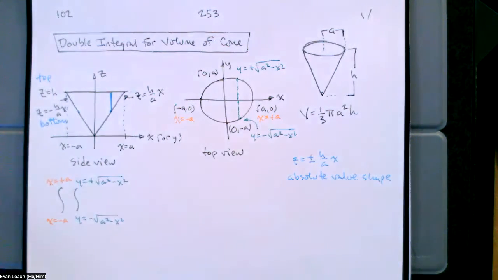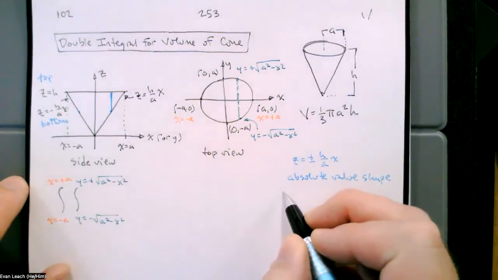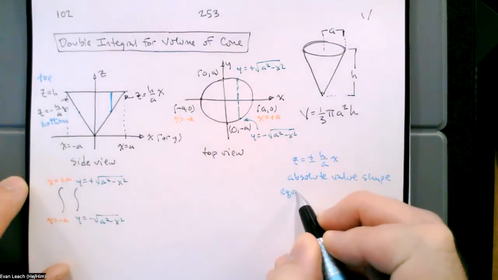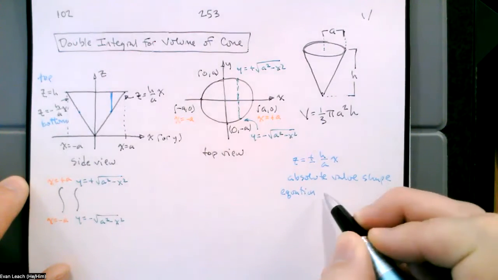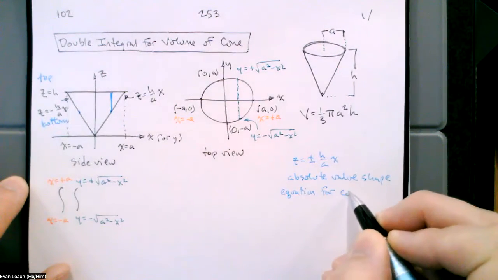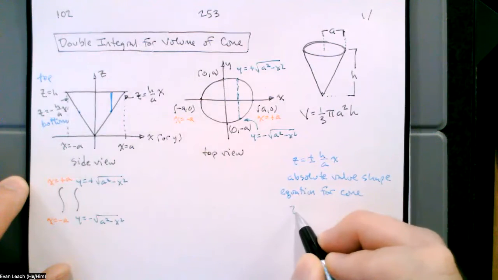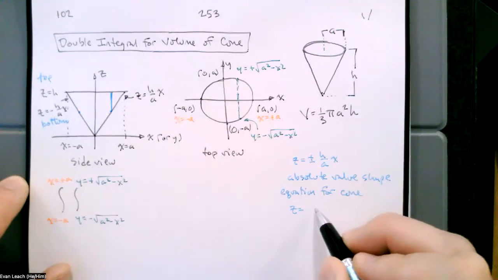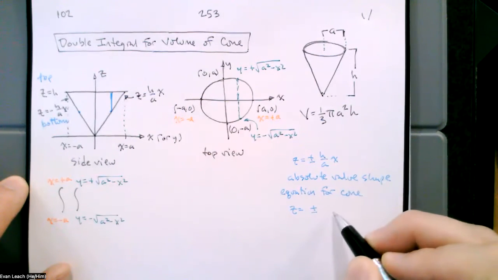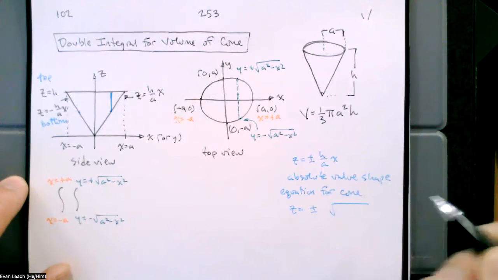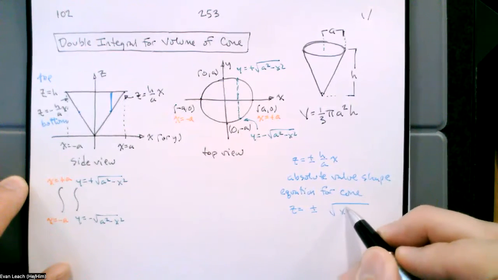So it makes sense that the equation for the cone is not z is equal to plus and minus the square root of x squared plus y squared.